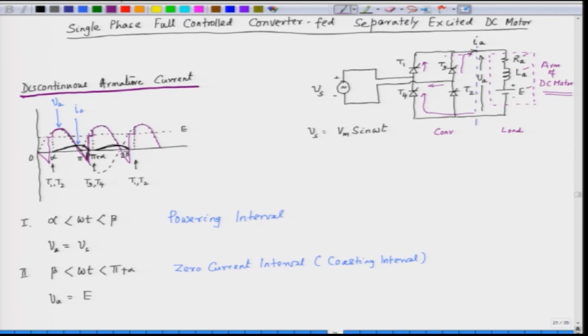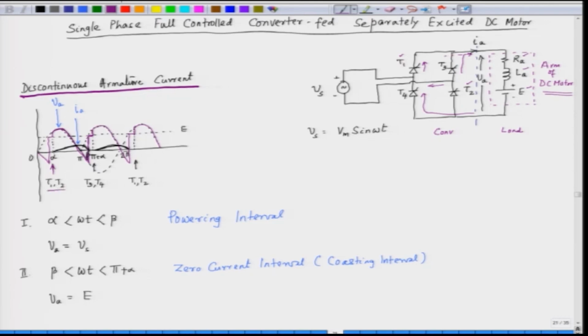During this discontinuous current operation, we trigger the SCRs T1 and T2 in the positive half cycle.